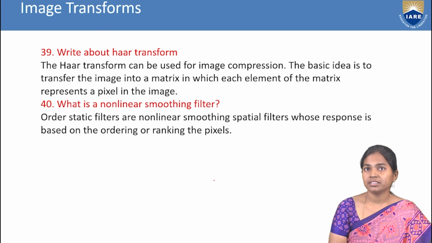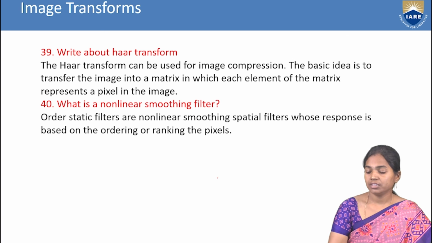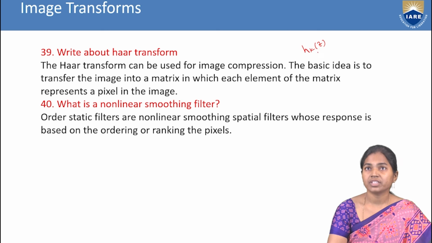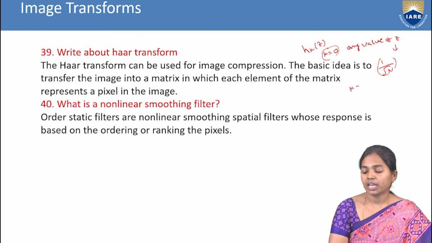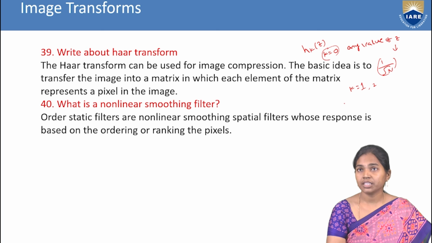The basic idea in this transformation: we represent the Haar function hk of z. If k equals 0, for any value of z, the coefficient value is 1 by root n only. Otherwise, if k equals some value like 1 or 2, we go for a characteristic equation.